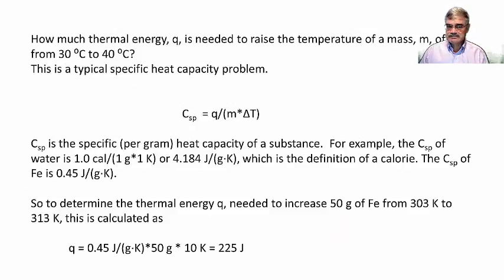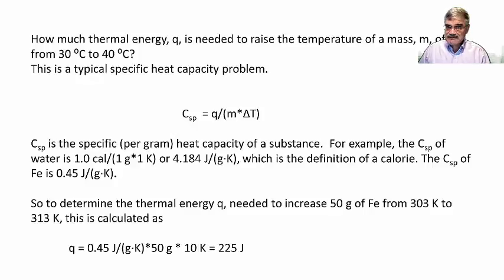How much thermal energy is needed to raise the temperature of a mass M of some substance, let's say iron, from 30 degrees to 40 degrees centigrade, just to heat it up by 10 degrees? This type of problem is a specific heat problem, and we need to know the specific heat capacity of iron.